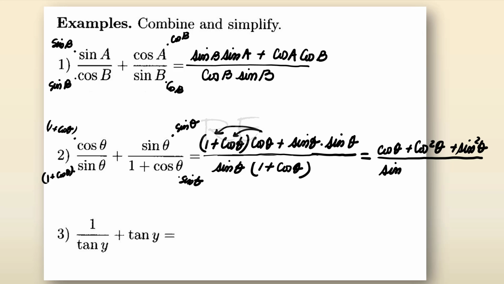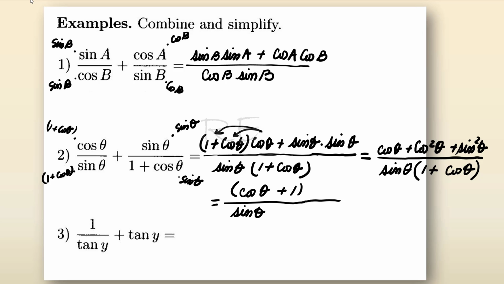We will keep the denominator as sine theta times 1 plus cosine theta. The reason? Cos square theta plus sine square theta is equal to 1. And if we keep the denominator the way it is, we'll have an opportunity for cancellation.